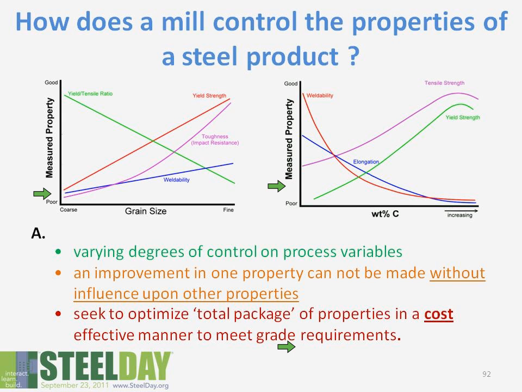I can increase grain strength, get a finer grain size, but I'm going to reduce yield to tensile ratio. I can increase carbon level, but I get to a point where my yield strength peaks and drops off, but my trade-off is elongation. So as a steelmaker, we seek to optimize the total package of properties in a cost-effective manner to meet the grade requirements.